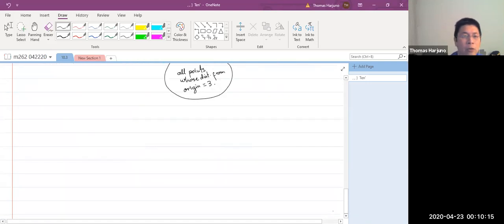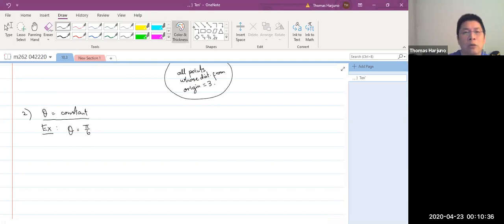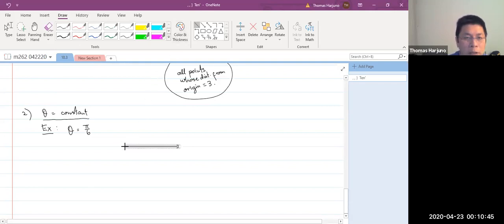Now, how about if theta equals to constant? The easy one first. Let's say when we say theta equals to pi over 6. Theta equals to pi over 6 means if I have a pole here, then theta equals to pi over 6 is all coordinates whose angle from the polar axis is pi over 6.